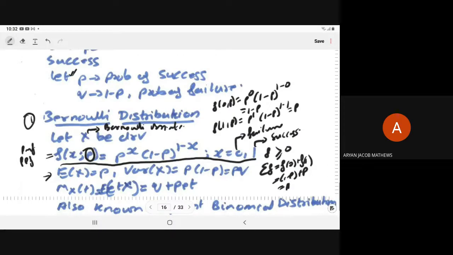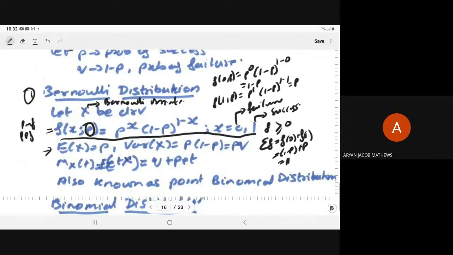Then we have the moment generating function for the Bernoulli distribution, that is the expectation of e to the power tX.